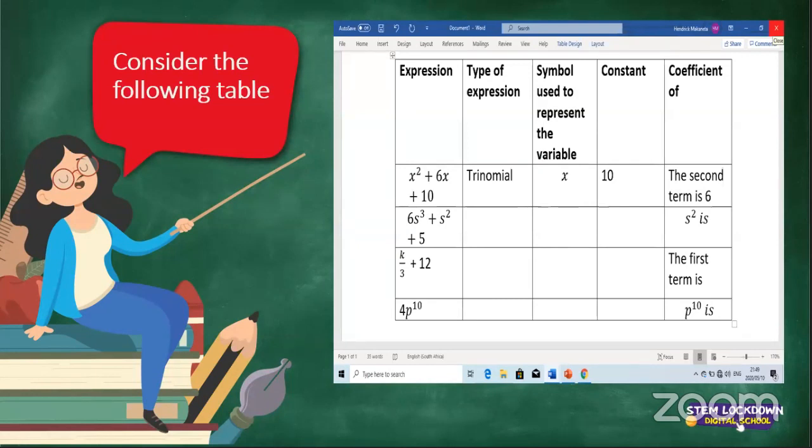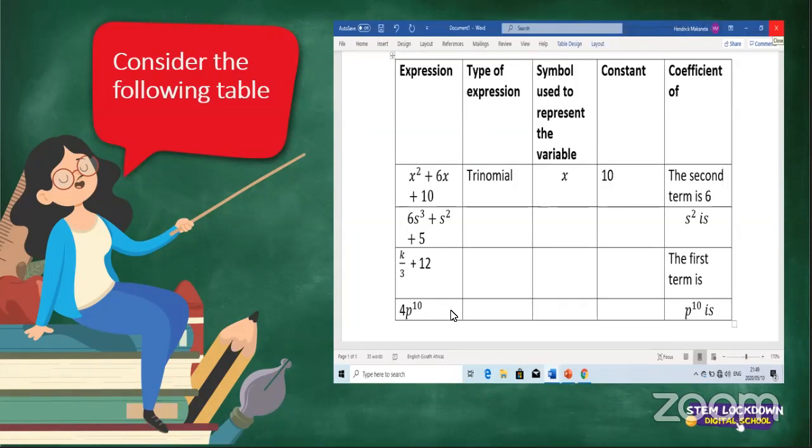So basically, you have now concluded the table by looking at the different expressions there, as well as the type of expressions, the symbol used, the constants, and if there are any coefficients. So the last one, when we talk of the constant will be 0, because obviously we don't write the 0 there. It will be 4p to the power 10 plus 0.